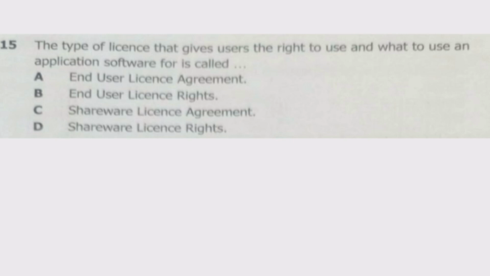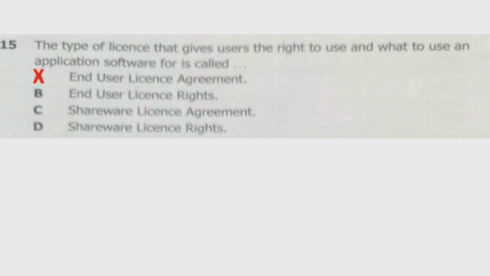Question 15. The type of license that gives users the right to use an application software is called? A. End user license agreement.